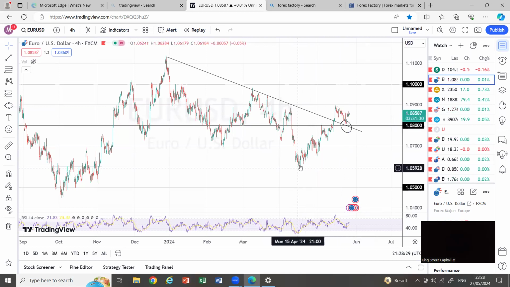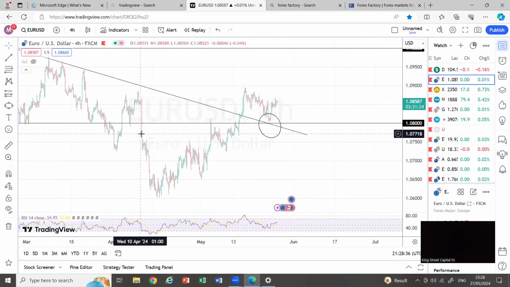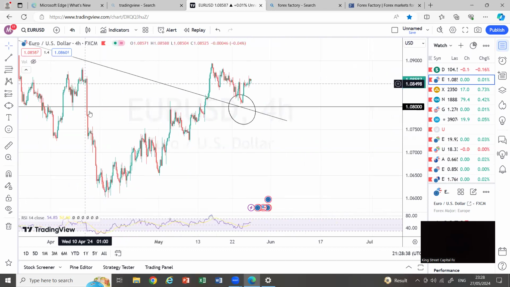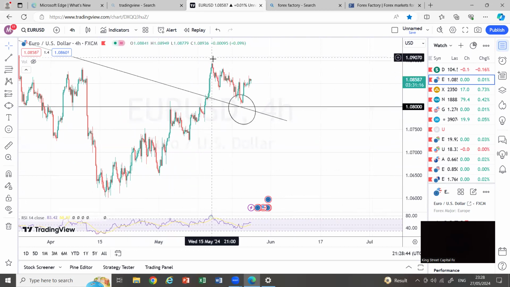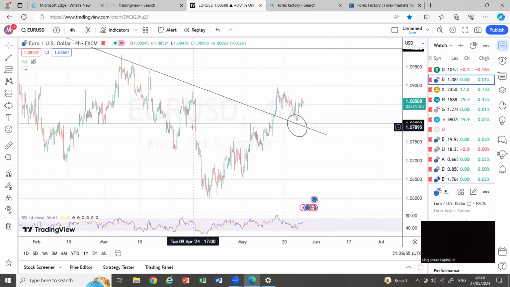And this is giving us a strong push to the upside. It did come after a stronger push to the downside though, but you see price has really just been struggling. Last push, broken the previous high, however, it's giving us a reverse trend, but this was towards the retest of that breakout of 1.08000.